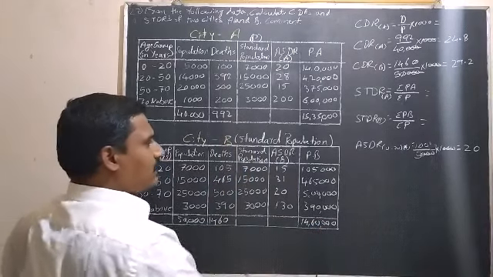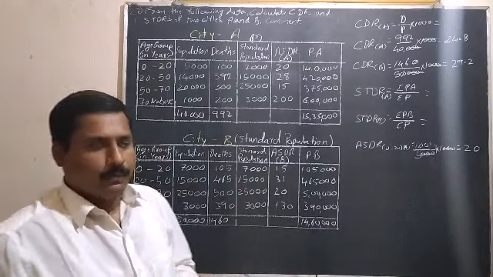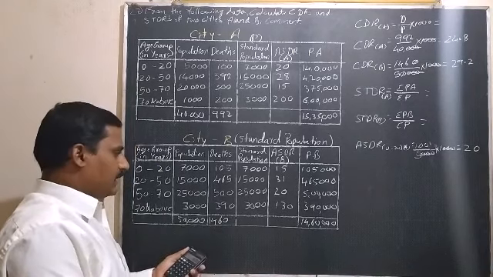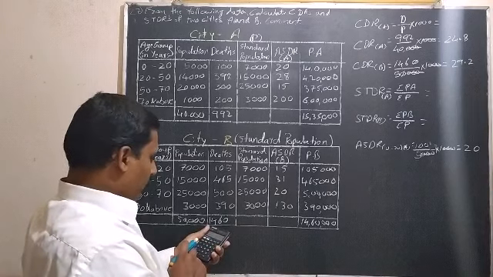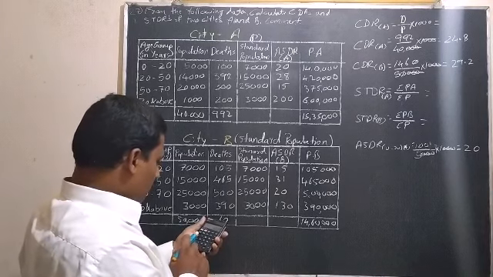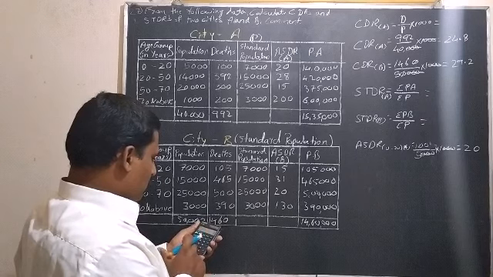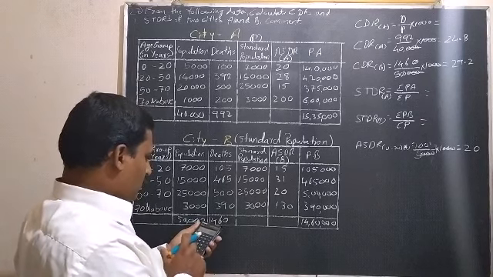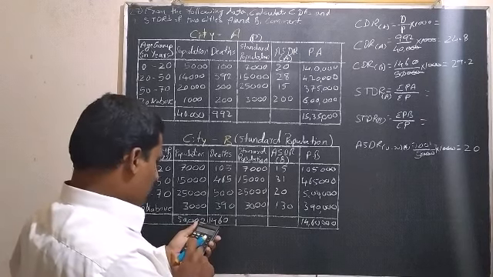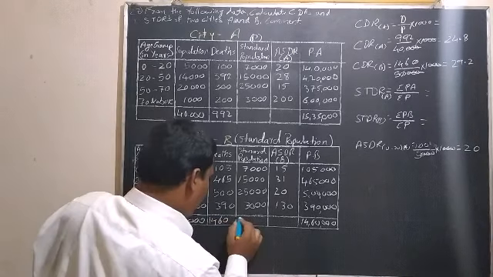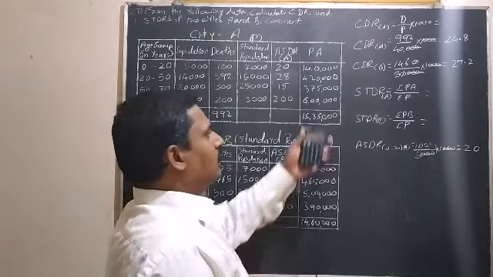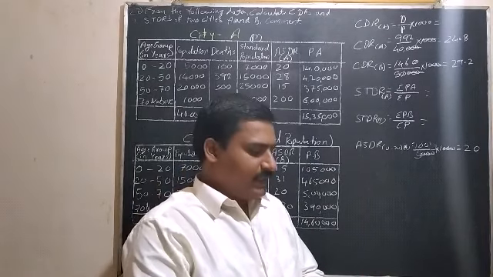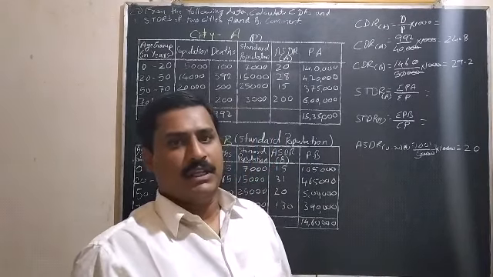So 14,60,000 is the total for the PB column, and the total of the standard population is 50,000. Already we have calculated it here, 50,000. Okay. Now let us calculate STDR for both location A and location B.